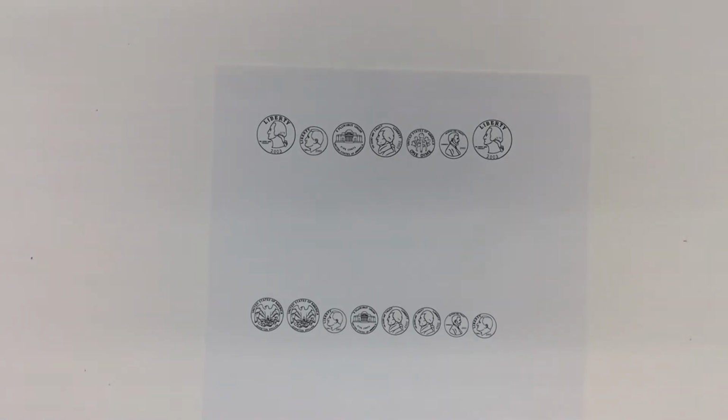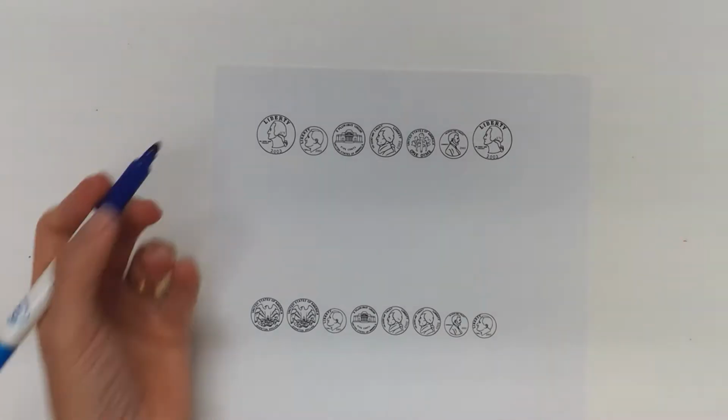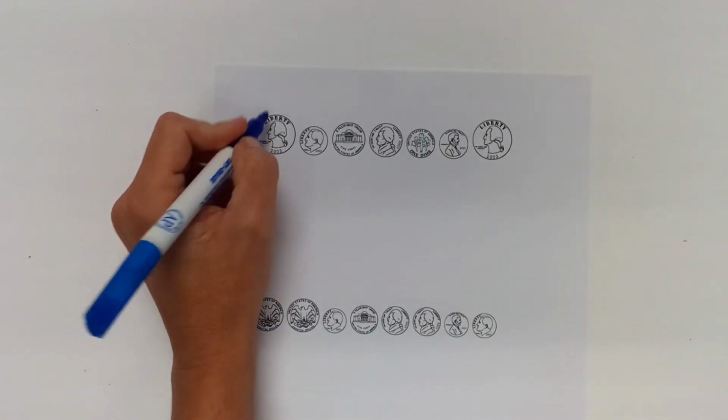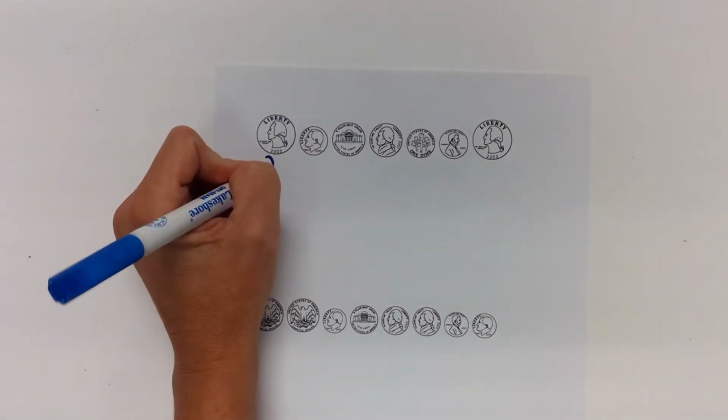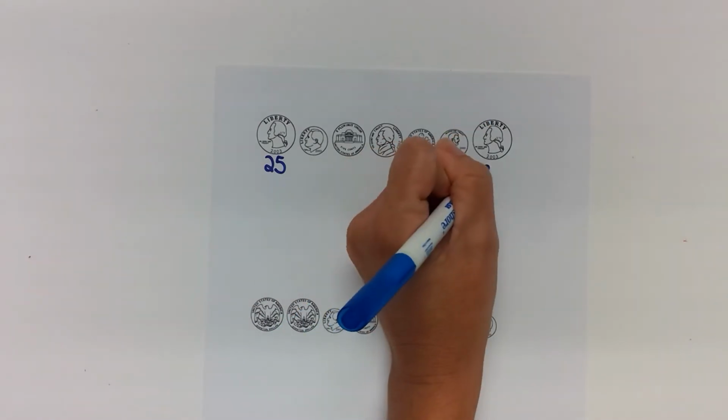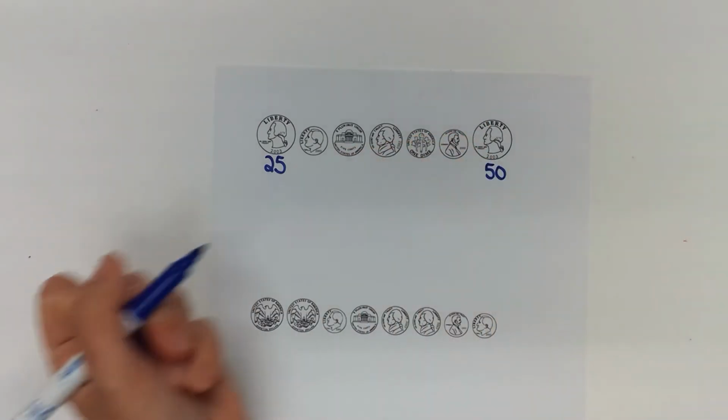We still want to use our skip counting method, and we want the students to start with our greatest value to our lowest value, but we're going to be jumping kind of all over. So we can help the students stay organized by having them write on the paper as they do their skip counting. So this would be 25, find my other quarter, it's 50.